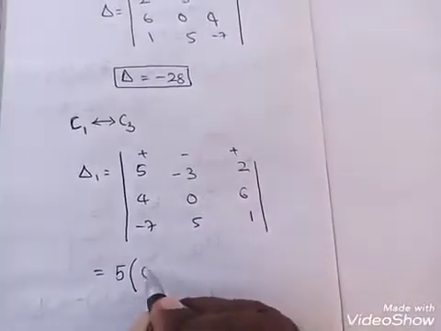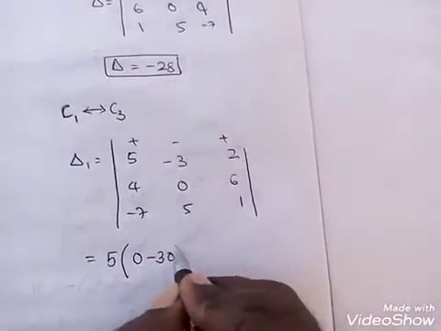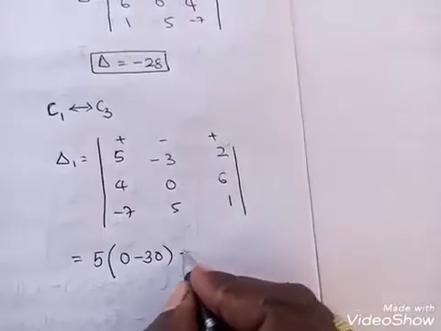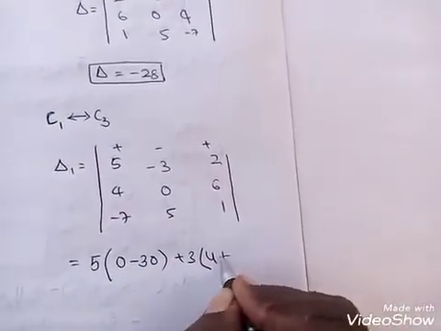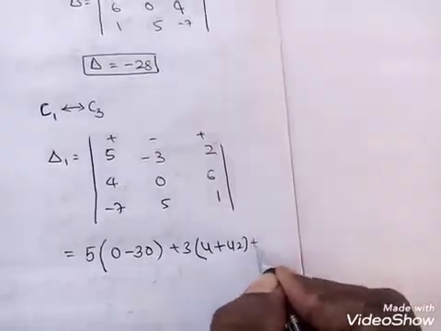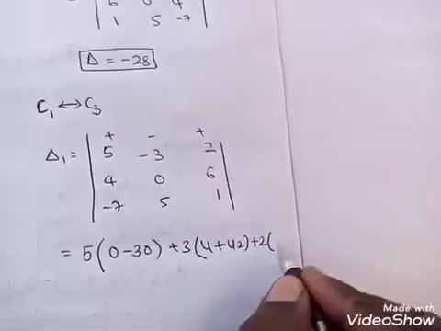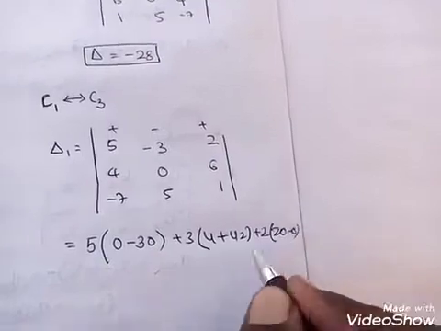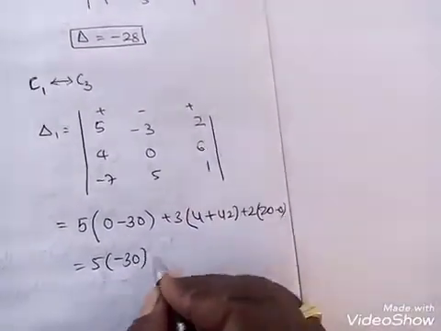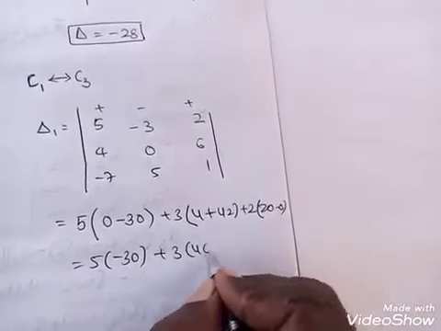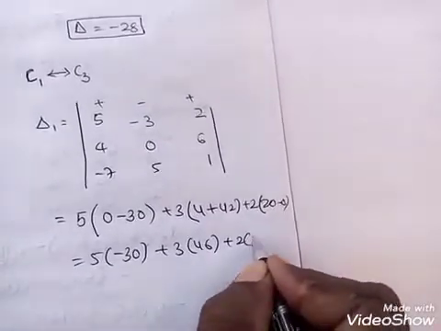into 1 0 minus 30, minus into minus plus 3 into 4 into 4 plus 42, plus 2 into what you are going to get, 20 minus 0. Now what you got, this one is 5 into minus 30 plus 3 into 46 plus 2 into 20.